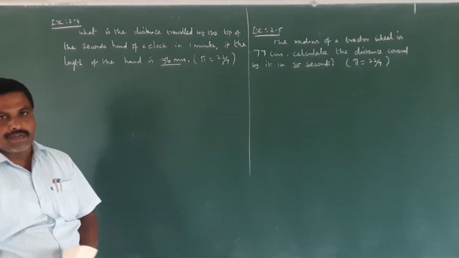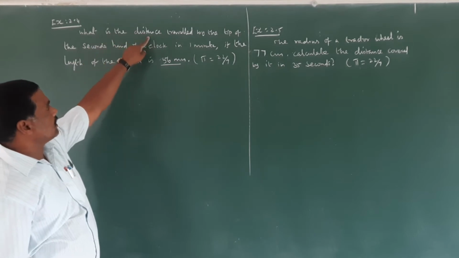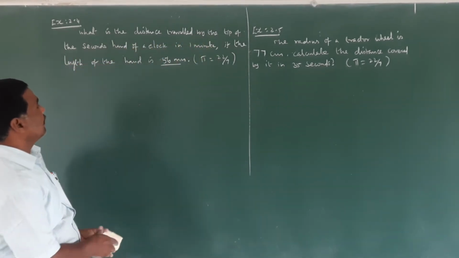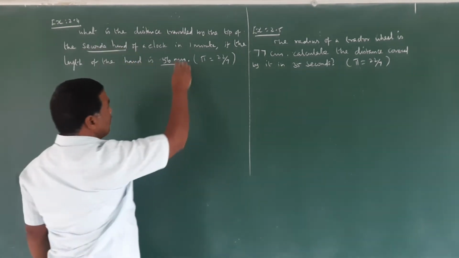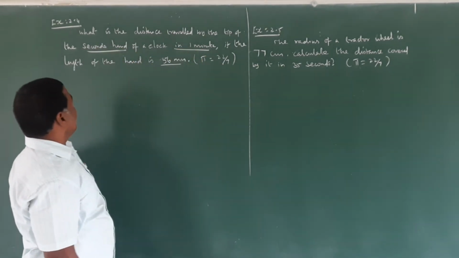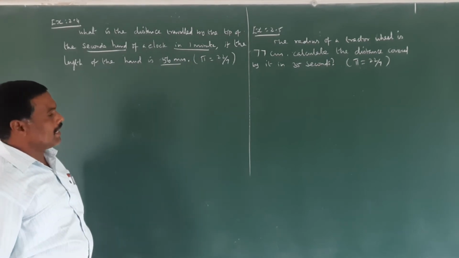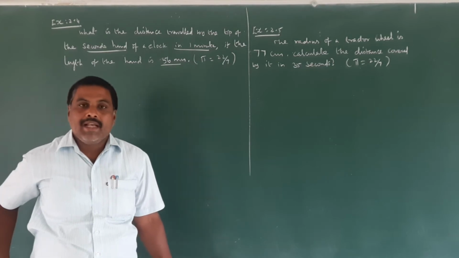Now read the question one more time. Use the pi value 22 by 7.